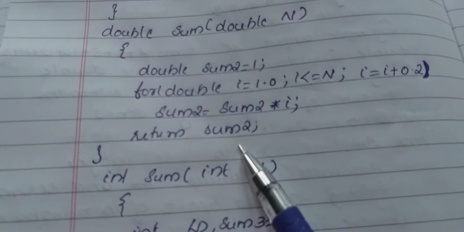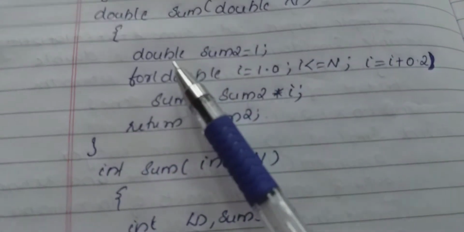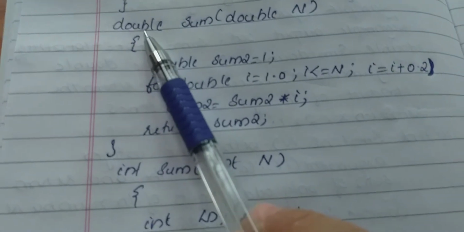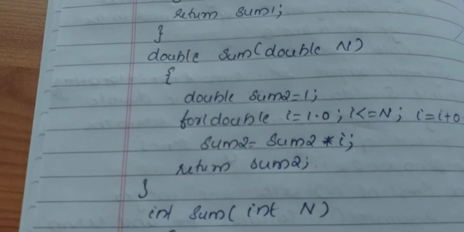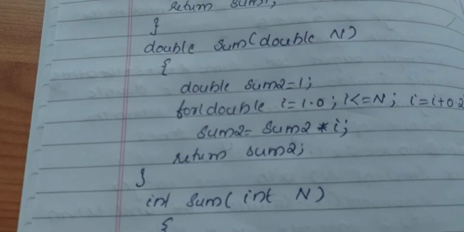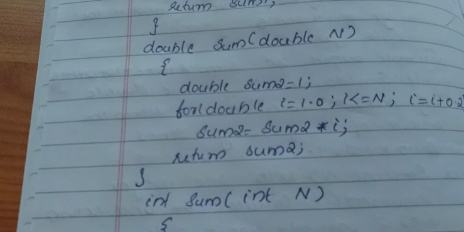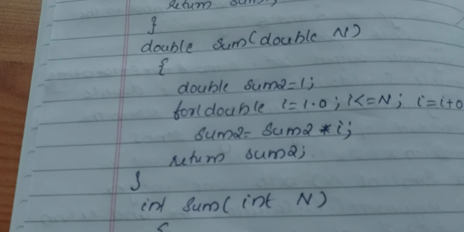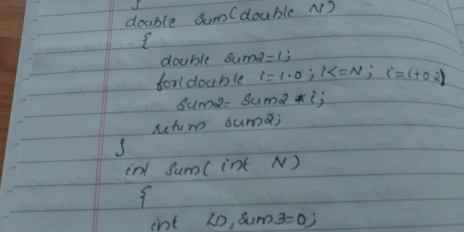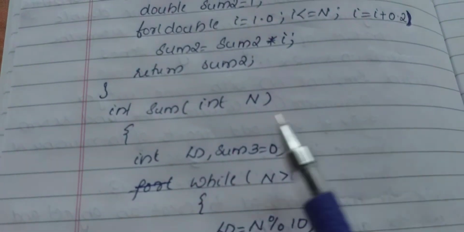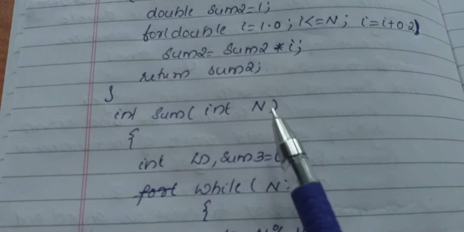So what is the type of the return value? It is of double type. Here, see, the function is of double type. So this is the second function. So our second function is also over. Let's move on to the third function, that is int sum of int n.